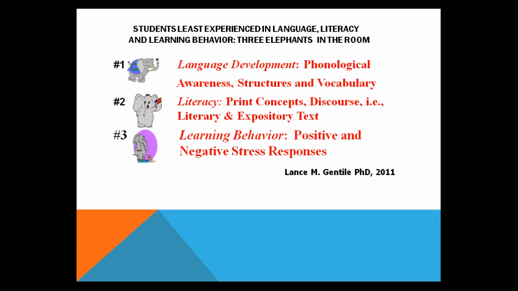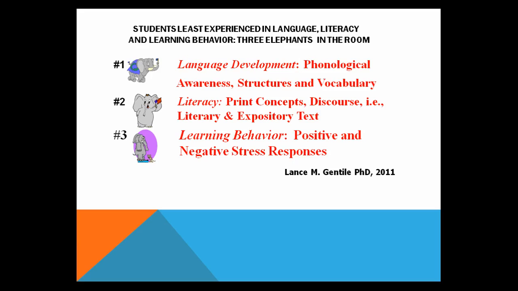The business of identifying these students' difficulties redounds around three, I call them the three elephants in the room, which are language development, which includes phonological awareness, structures, and vocabulary, literacy, which includes the print concepts, and then discourse, either literary or expository discourse, and then learning behavior.